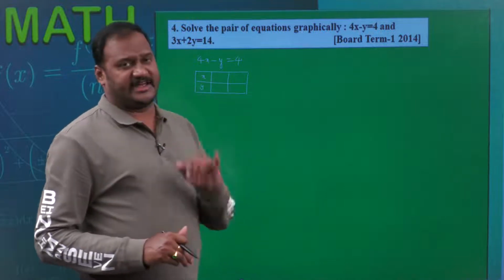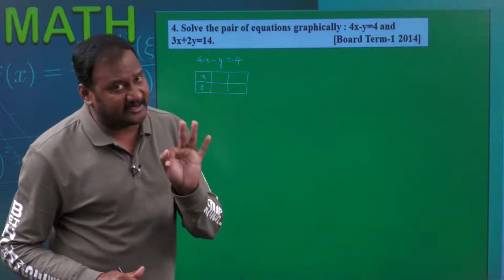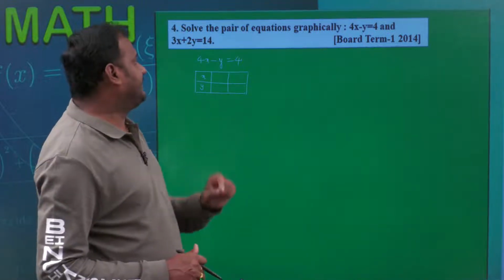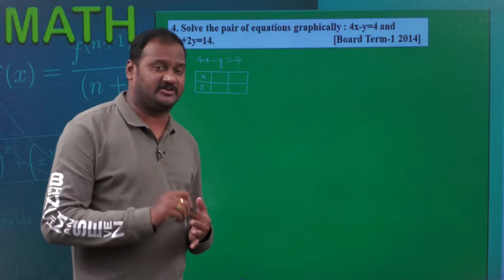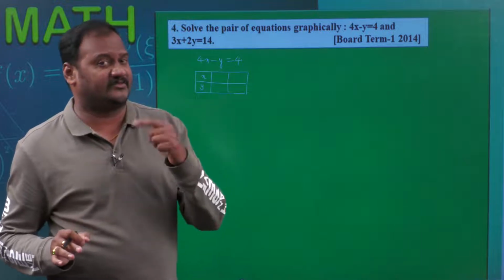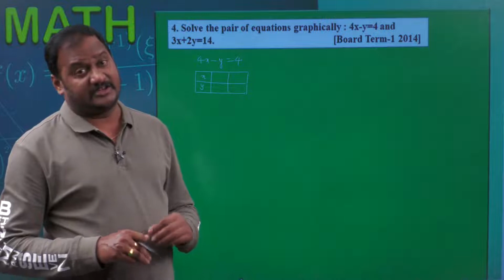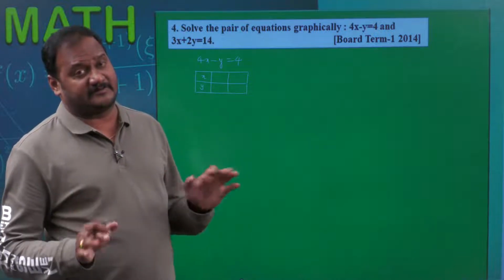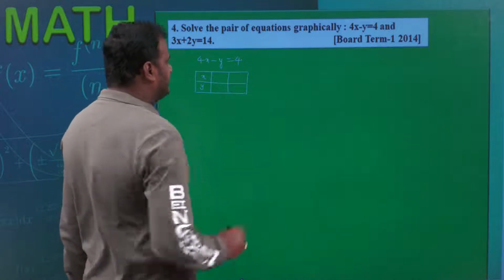This equation has an x term and a y term along with a non-zero constant. So any line which has an x term as well as a y term and a non-zero constant definitely intersects the x-axis and y-axis in 2 distinct, that means different, points. You understand?